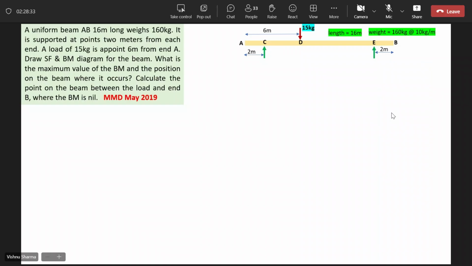So if you have got them correctly, then can you please proceed with the SF table? Proceed with the SF table then.